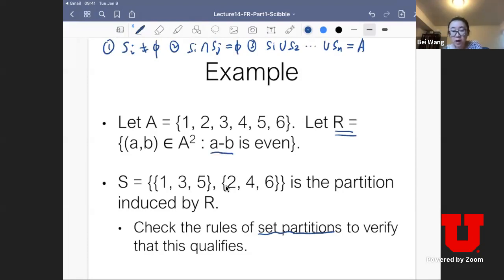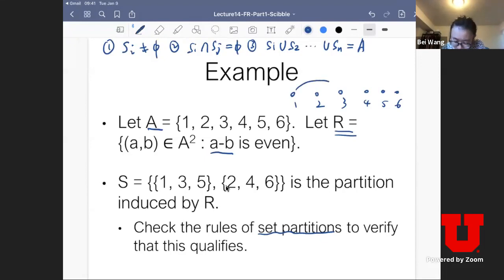Now what we're going to do is look at the partition of the set A based on this relation. Why is that? If I'm looking at the elements 1 through 6, one way to think about it is through the arrow diagram. Two elements are part of the relation R if their difference is even.